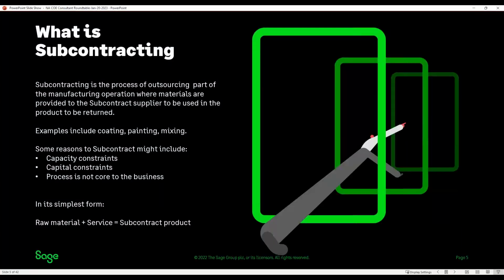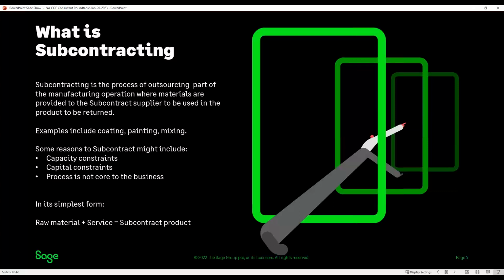So first, let's make sure we're all on the same page in terms of what subcontracting is. Subcontracting is the process of outsourcing part of the manufacturing operation where materials are provided to the subcontract supplier to be used in the product to be returned. Examples could include coating a product, painting a product, mixing a product. Some reasons why subcontracting might be used include capacity constraints, where the manufacturing facility just doesn't have capacity for all of the orders.